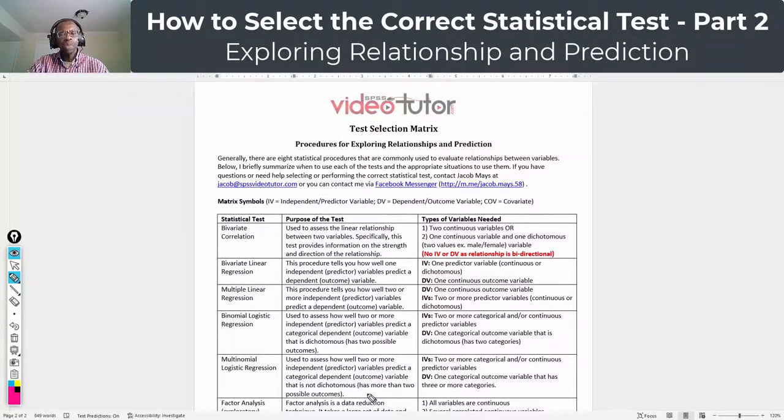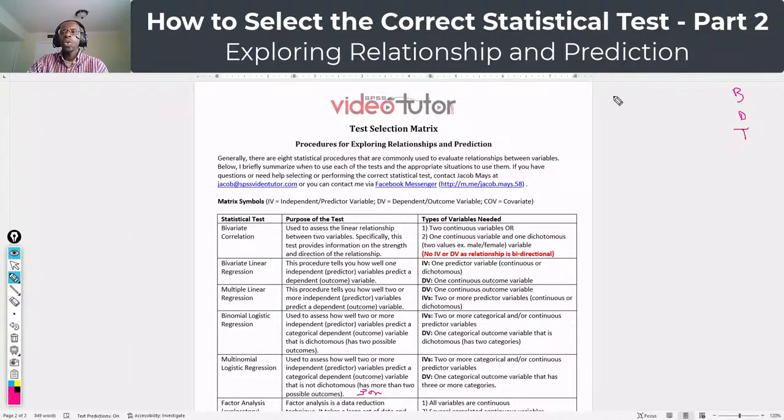So it's 3 or more outcomes. So let's say your outcome is transportation, or the way you commute to work. You may take the bus, you may drive, or you may take the train.